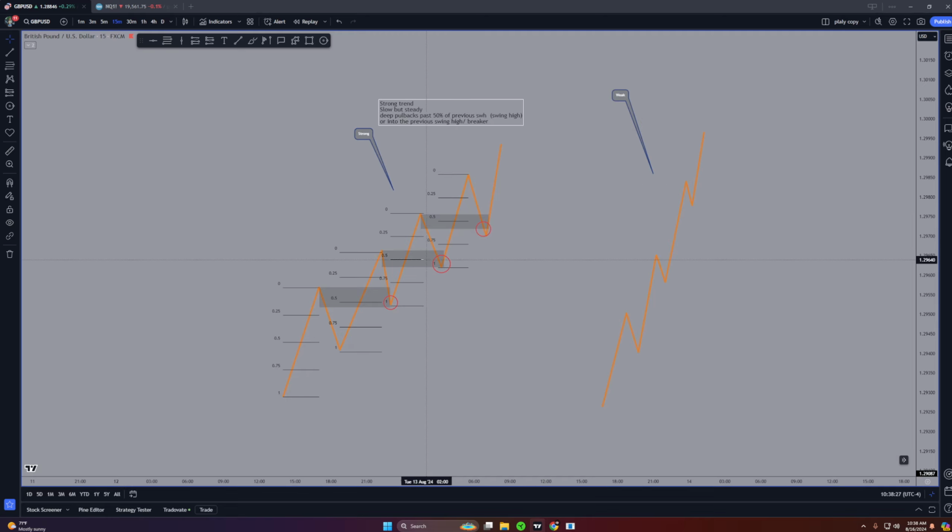Whenever I say 50% of the previous swing high, I mean 50% of this leg up. So that's some attributes of a strong trend.